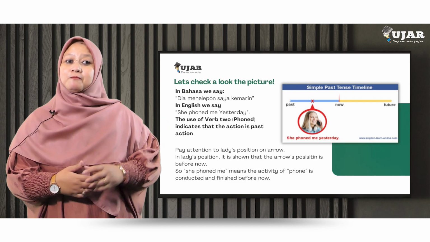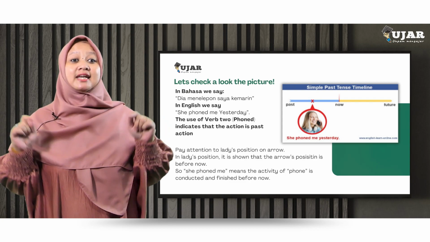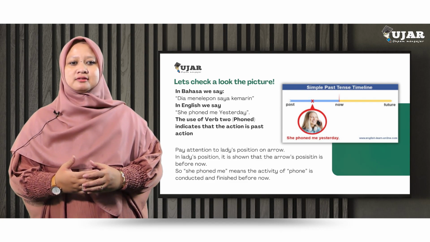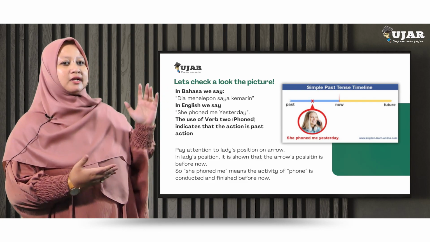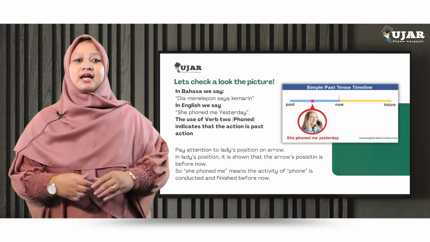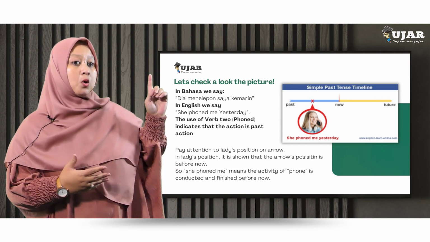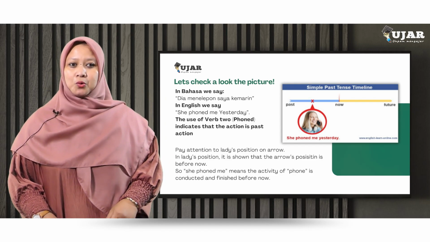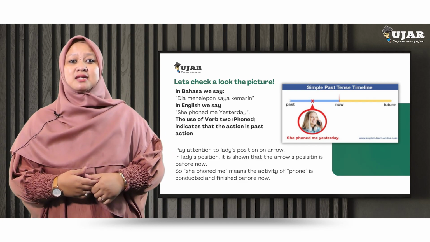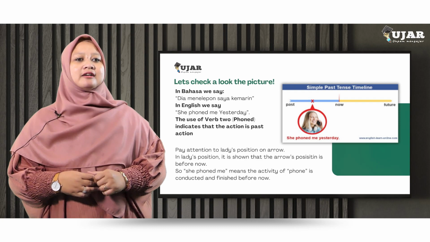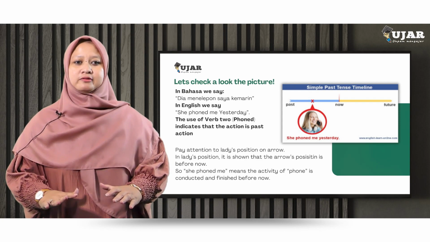The use of verb two, phoned, indicates that the action is a past action. Pay attention to the lady's position on the road. In the lady's position, it is shown that the action is before now. So, she phoned me means the activity of phoning is conducted and finished before now.